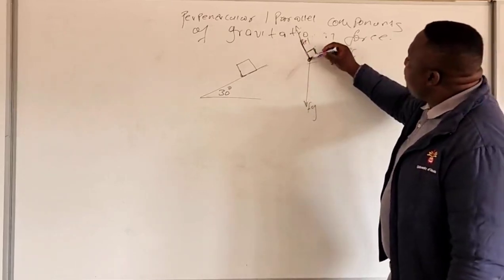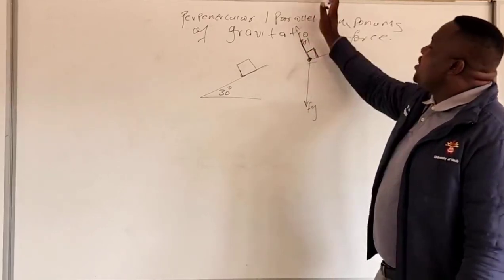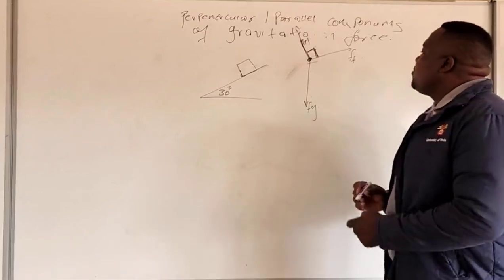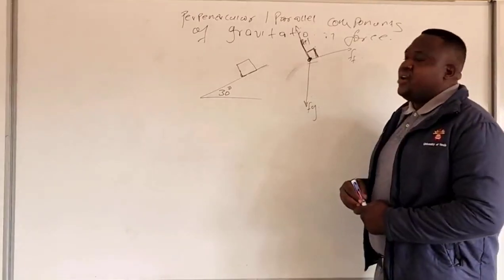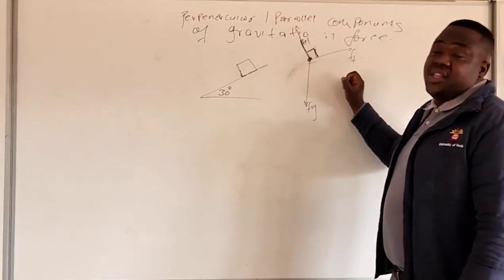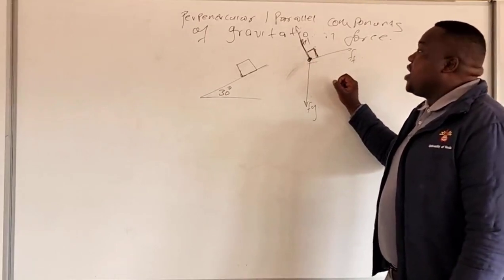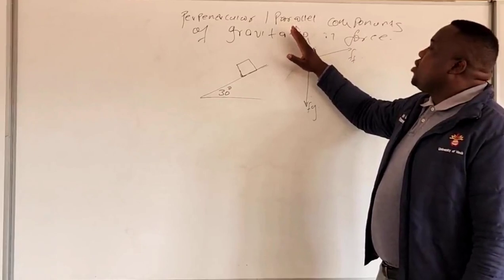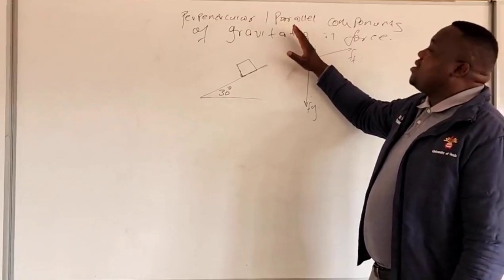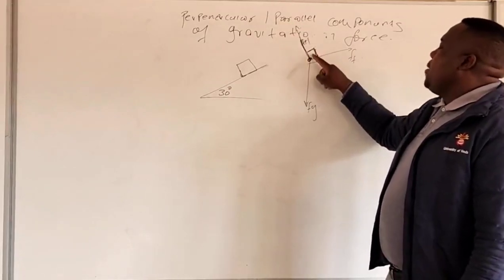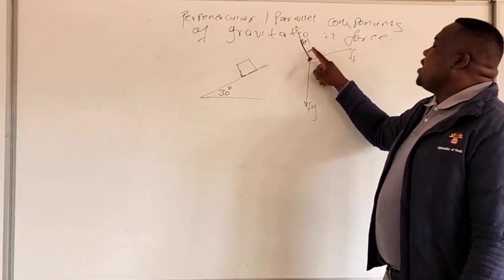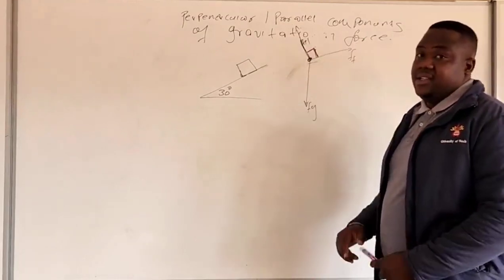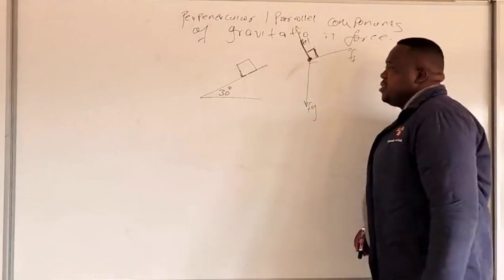For instance, if I drew my normal force to face straight up, it was not going to be at 90 degrees with the surface. So you need to take note that I'm drawing my normal force to be at an angle of 90 degrees with the surface. So that is the reason.